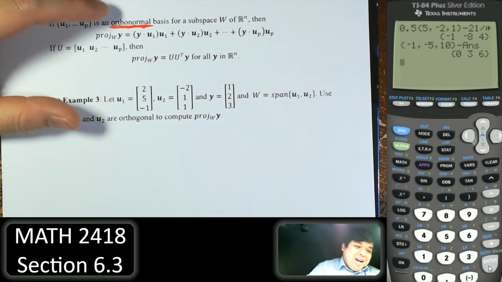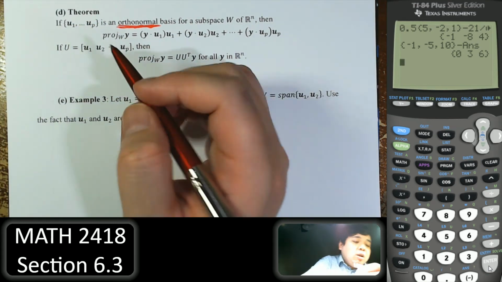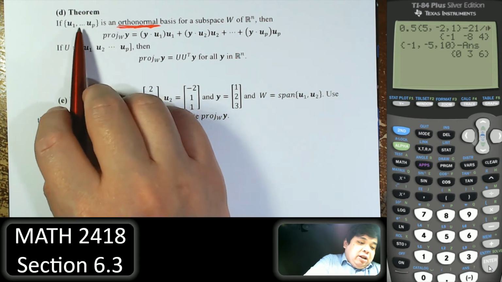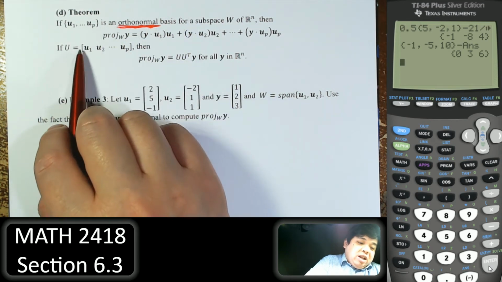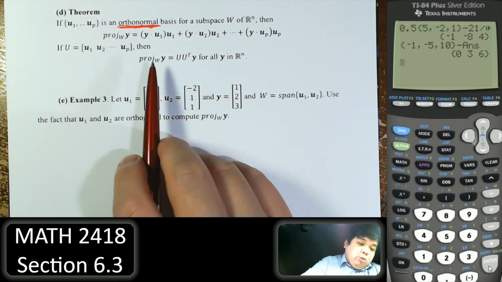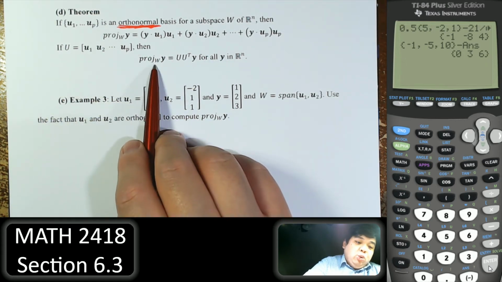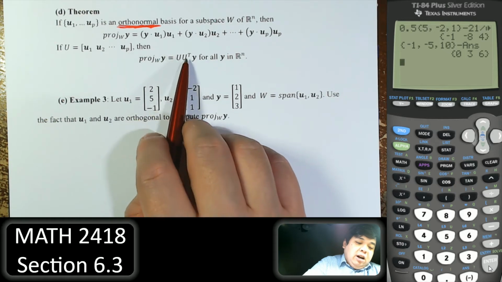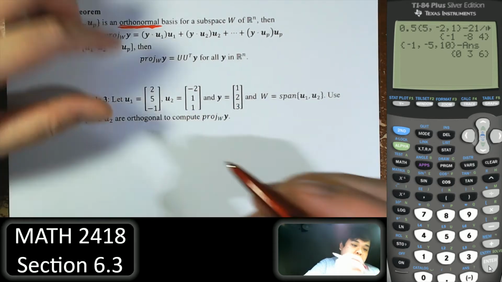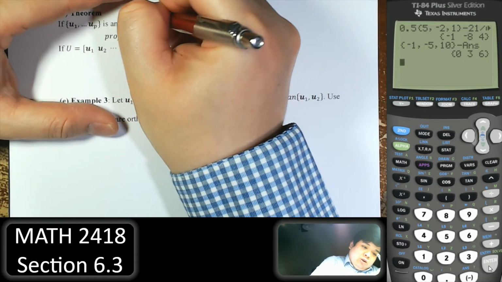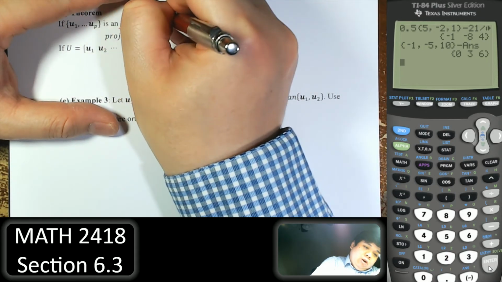Of course, we'll get back to that later. But for now, if we have an orthonormal basis for W, and we stack all of that in the matrix, then to find the projection of y onto W, we just compute the matrix U times U transpose times y, for y in R^n.